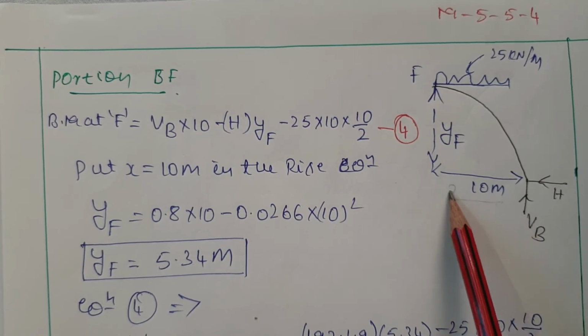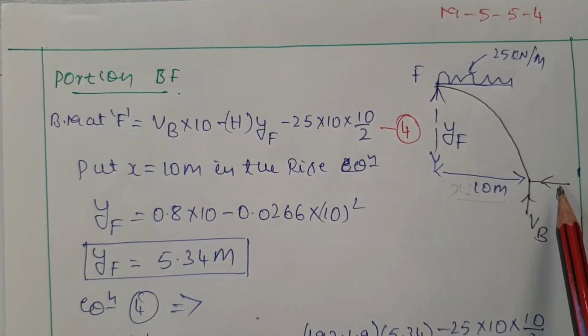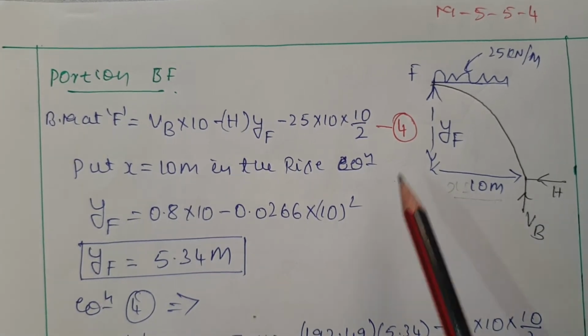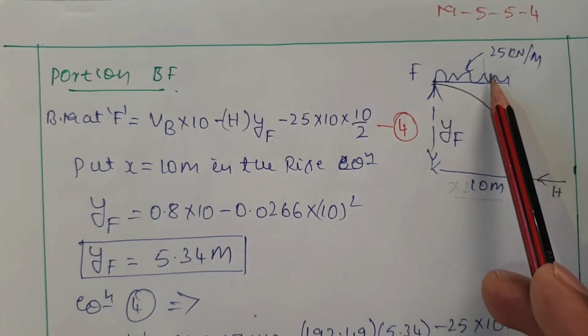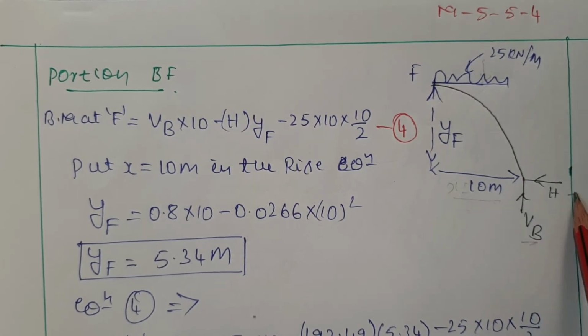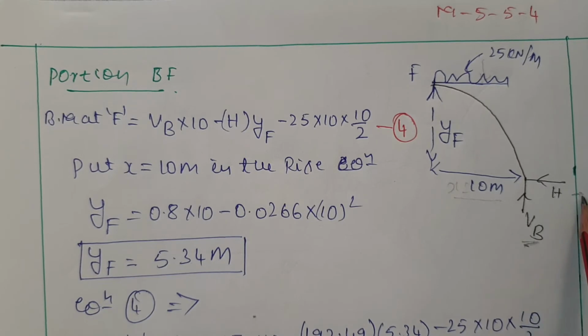Here to here the x distance is 10 meter and the UDL is 25 kilonewton per meter. We know the H value, and we also know the VB value. I am finding the bending moment with respect to x. This will produce negative, sorry, this will produce negative, this will produce positive because it is moving upwards, and this will produce negative because it is horizontal.